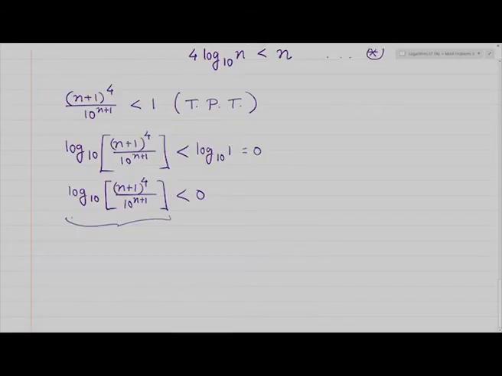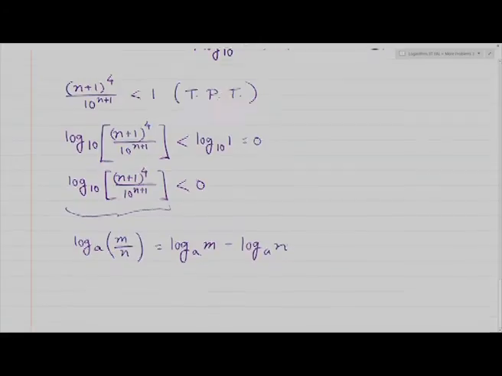So first of all, if you look at terms of this kind, you will apply the division law or the quotient law, that is log to the base a of m by n is equal to log to the base a of m minus log to the base a of n, isn't it?